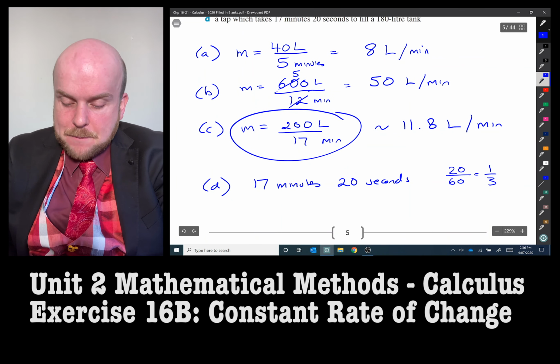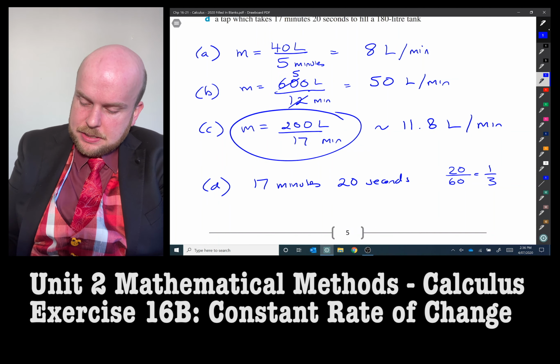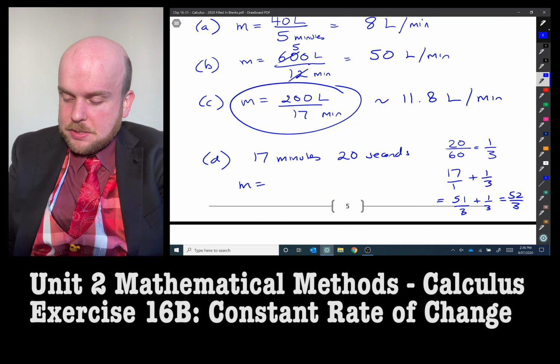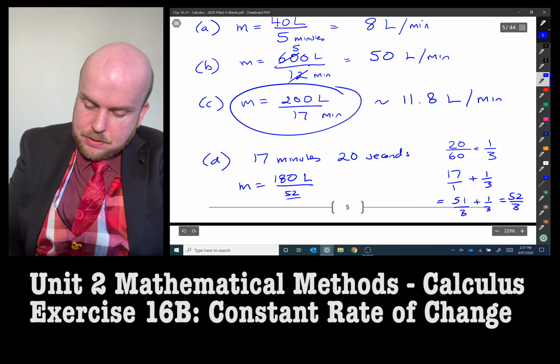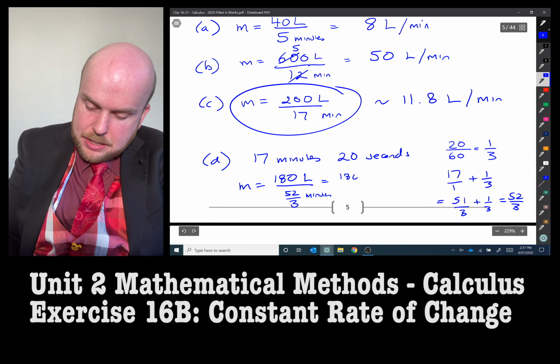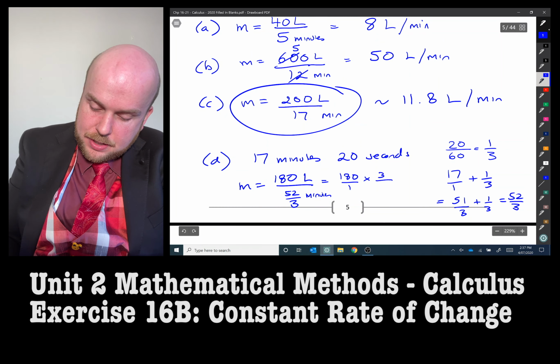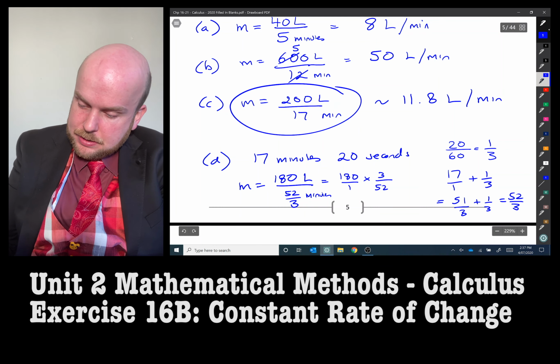So that's a third of a minute. So 17 over 1 plus 1/3 is going to be equal to something horrendous, 52 over 3, so that's going to be minutes. 180 divided by that, let's cut out the middleman, times by 3 over 52.